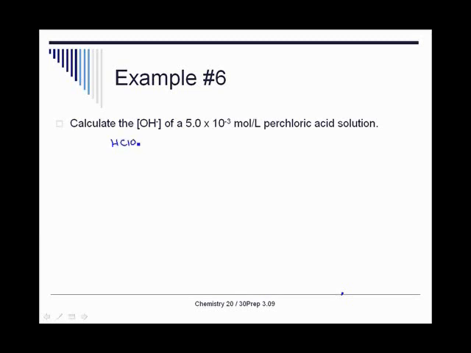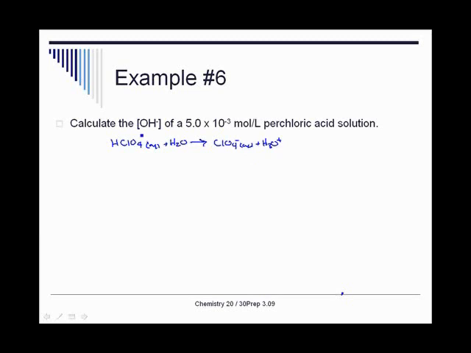So HClO4 plus H2O, and it's a strong acid. Then we get ClO4 negative plus H3O plus.